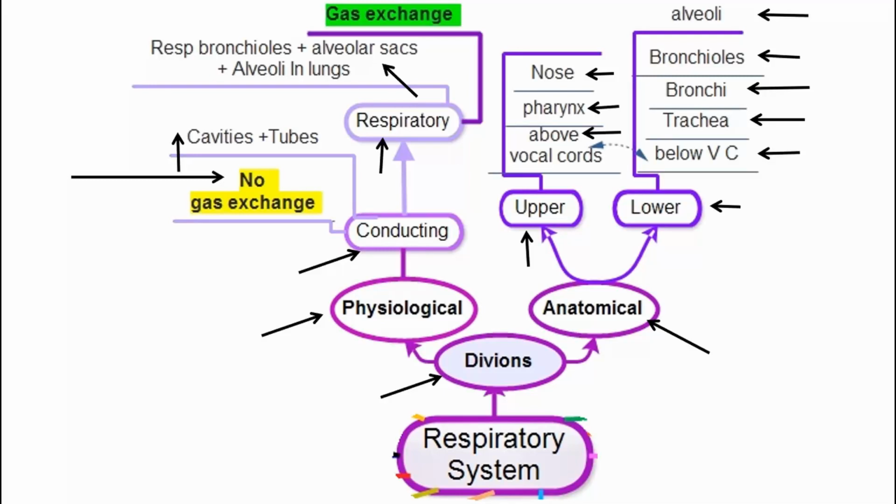So the respiratory part in the eyes of physiologists consists of the passages that start having alveoli opening into them, and these passages start from the respiratory bronchioles, as we have seen in the previous slides, and the alveolar sacs and alveolar ducts, and it is where gas exchange happens.